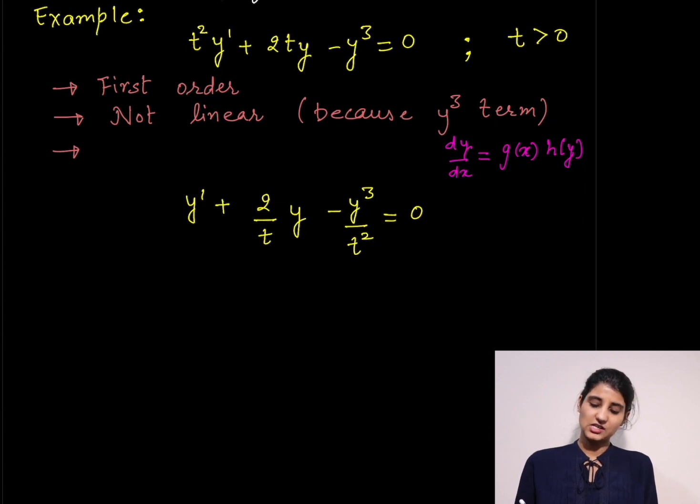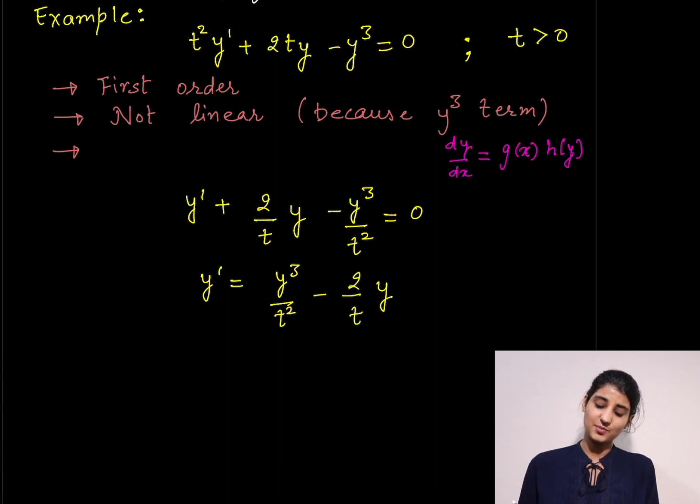But here the y and t terms are mixed and we can't separate them as a product. To make it clearer, let me go one step further. So we have y prime equal to y cubed divided by t squared minus 2 over t times y. We can't separate it as g(t) times h(y). So from here we can say, okay, this is not separable.